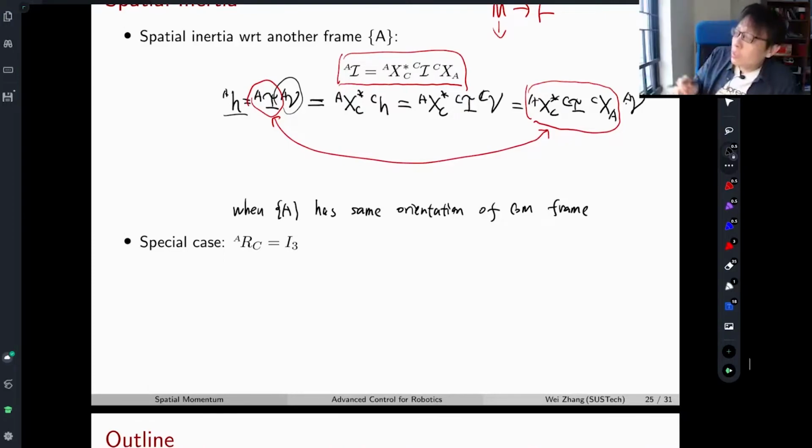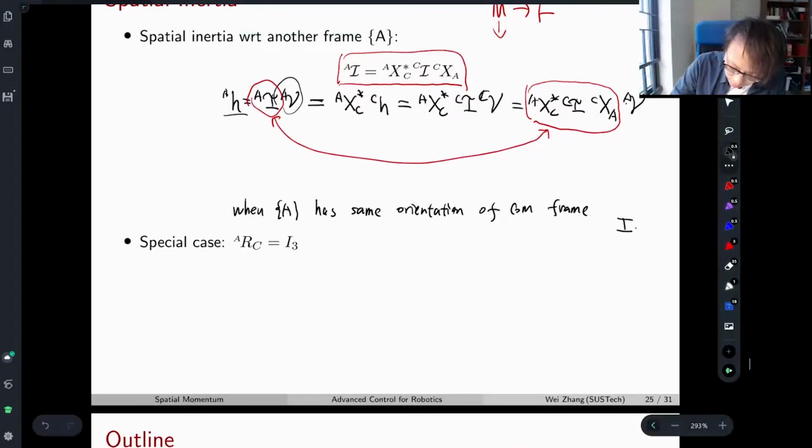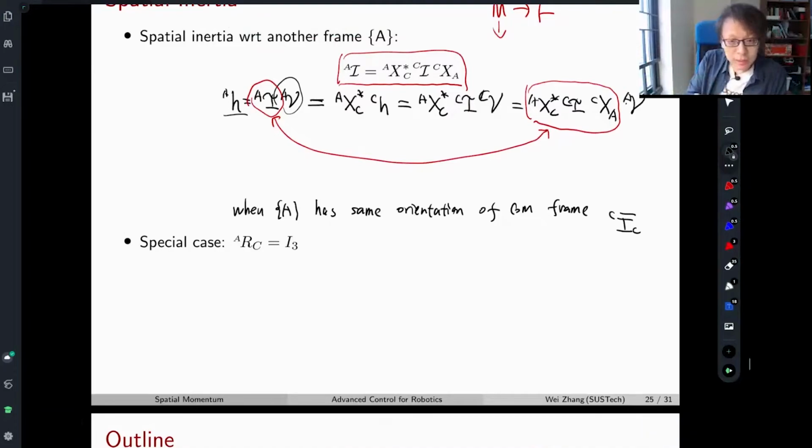Okay, central mass frame, the key is that it's located at the center of mass. The orientation of that frame doesn't matter that much, but you just need to fix one, right? And then you need to compute this bar in C, right? As long as you fix the central mass frame, this guy is fixed. This is a constant matrix.